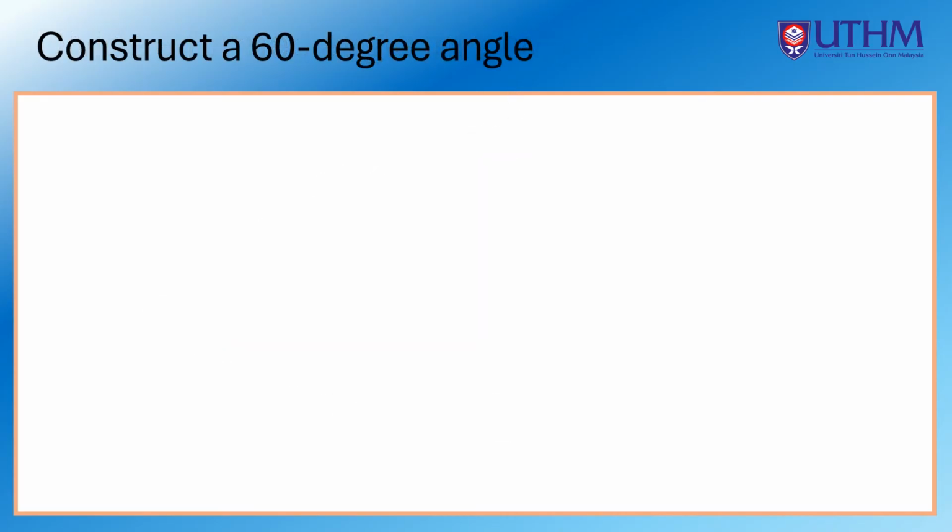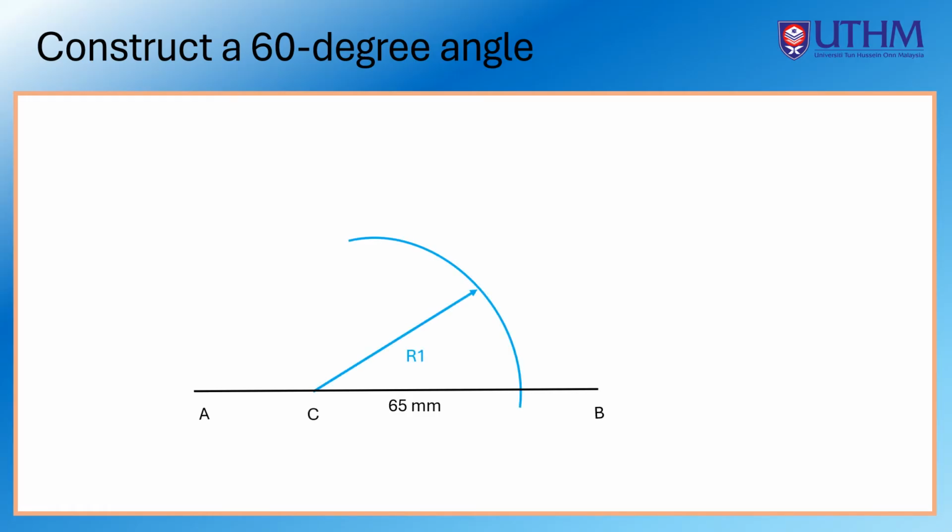On the next method on how to construct a 60-degree angle. Let's say a line AB 65 mm in length is made. From any point on line AB, that is point C, create a curve with a radius R1 that intersects the AB line.